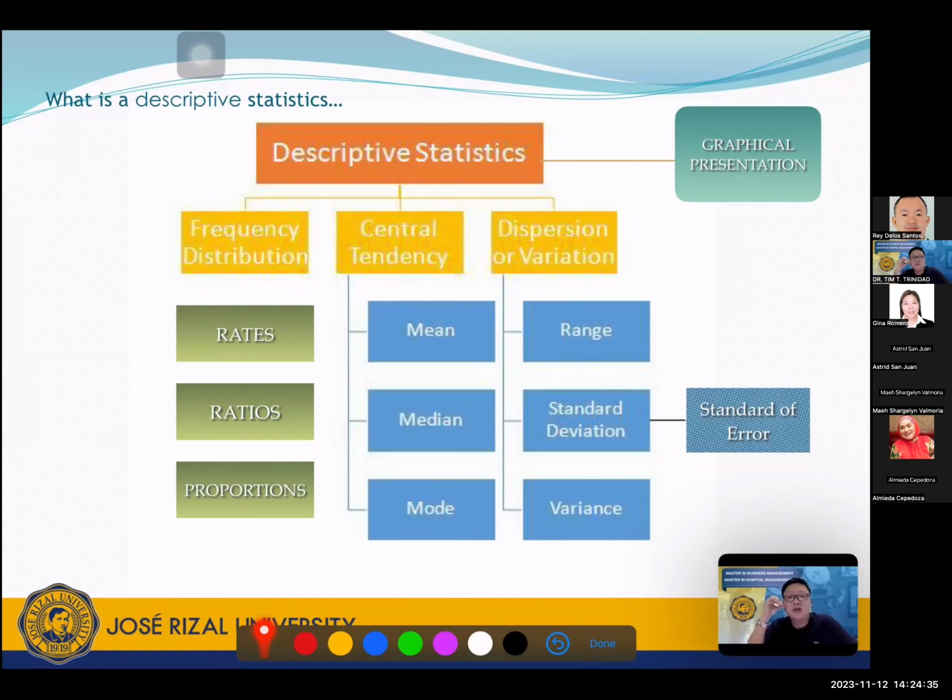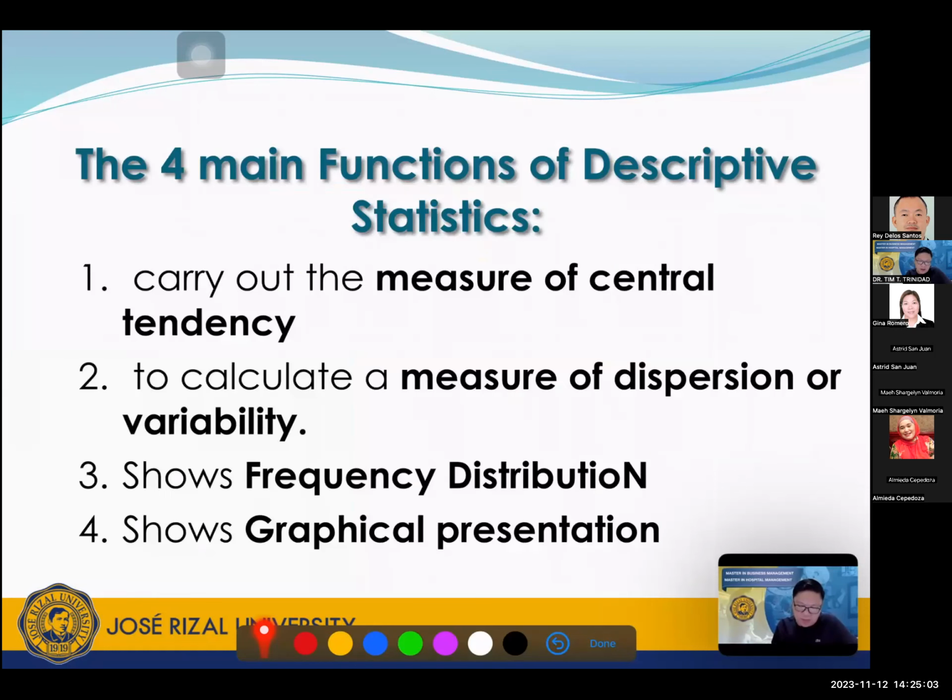Nilagay ko lang yung standard of error dyan, pero maintindihan nyo mamaya kung ano itong standard of error. Standard of error is also a statistical process that can be a descriptive stat and can also be an inferential stat. So nilagay ko lang dyan just to make differentiation later. We will be discussing that. And of course, don't forget the graphical presentation as part of your description. Okay.